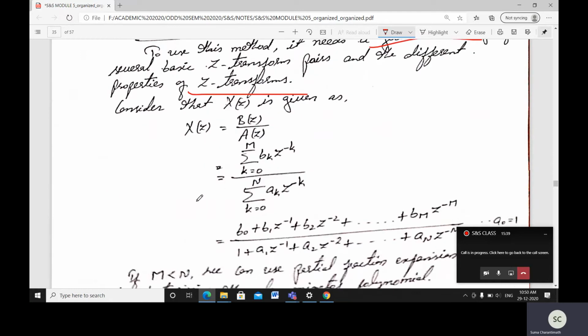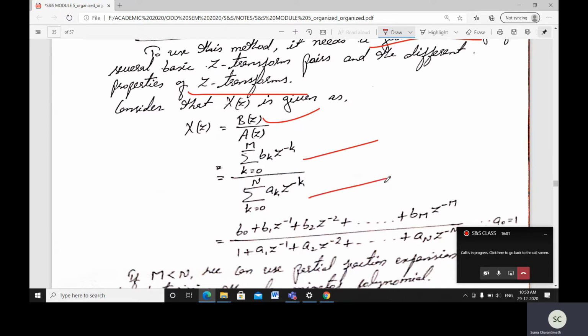That's what they are telling here. Then consider x of z equals b of z divided by a of z. The b of z equation is taken as summation k varying from 0 to M of b k z raised to minus k, divided by summation k varying from 0 to N of a k z raised to minus k.